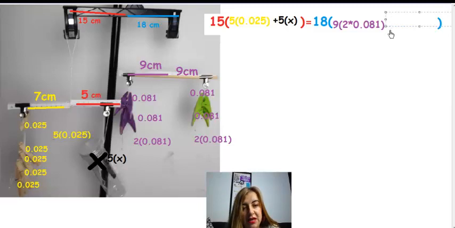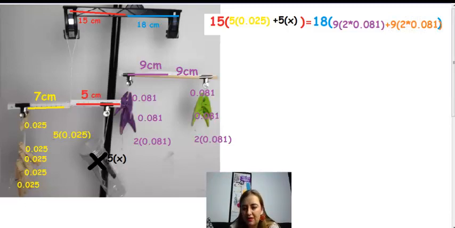So in this case, I will have addition of 9 times 0.081. Okay. Oh, I forgot the 2. Why? Because there are 2 clips that multiply by 0.081.